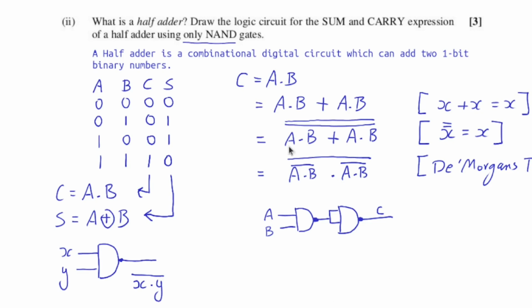So now the carry expression, which was C is equal to A dot B, using only NAND gate, looks like this. The next step is to transform the sum expression using only NAND gate. So let's do it. So our sum expression is S is equal to A XOR B. By definition, A XOR B is same as A complement dot B plus A dot B complement.